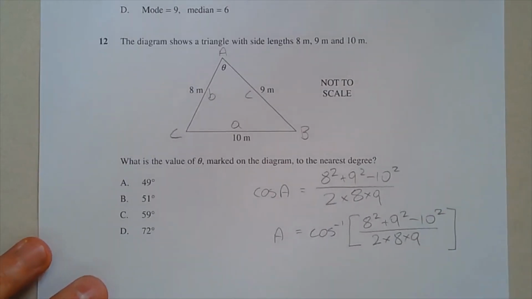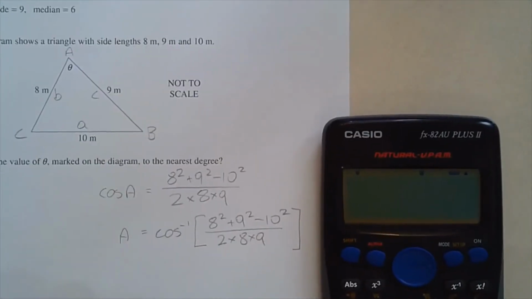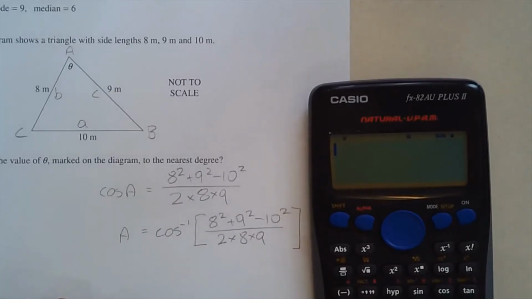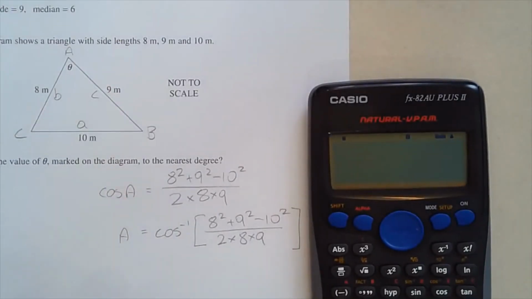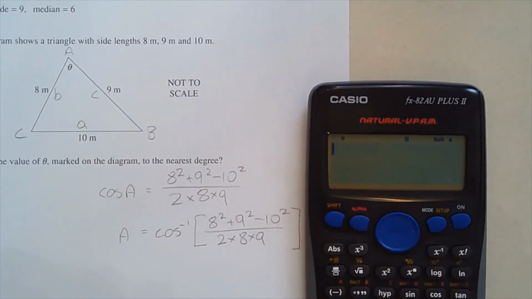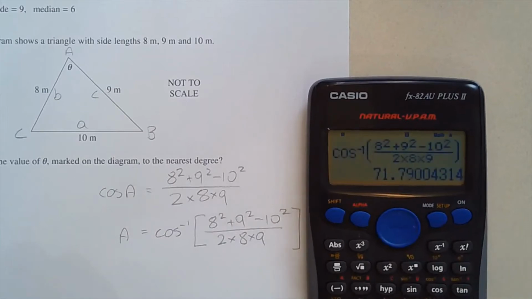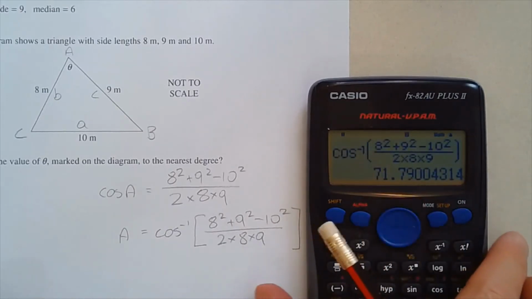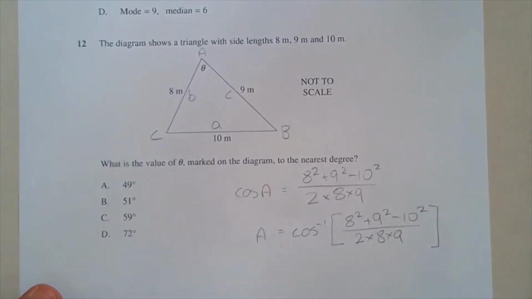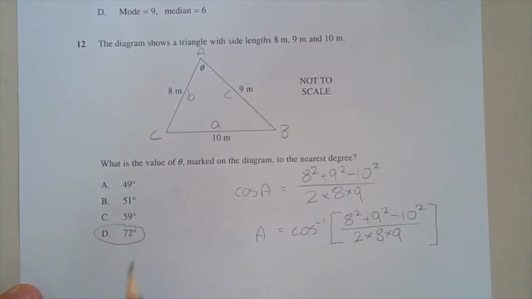Entering that into your calculator, shift cos and 8 squared plus 9 squared minus 10 squared over 2 times 8 times 9. And we get 71.79, and the answer that's closest to that is option D, 72 degrees.